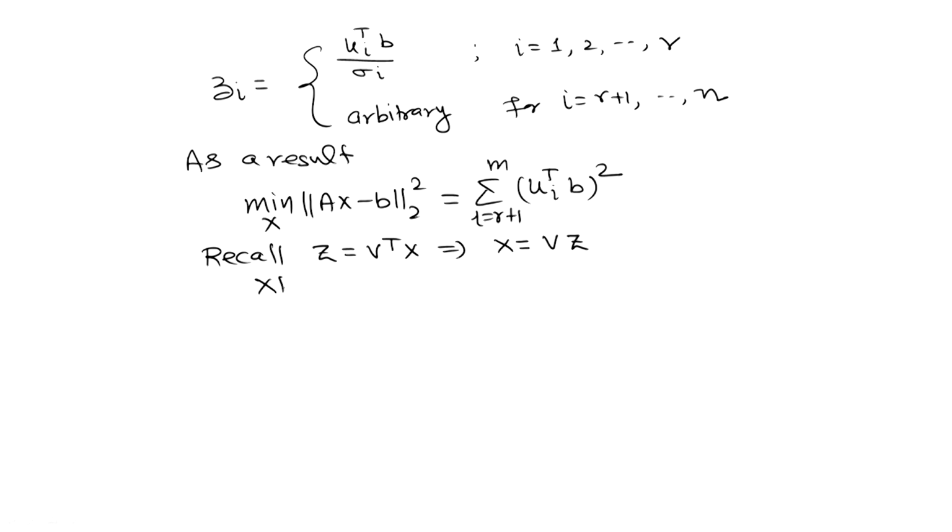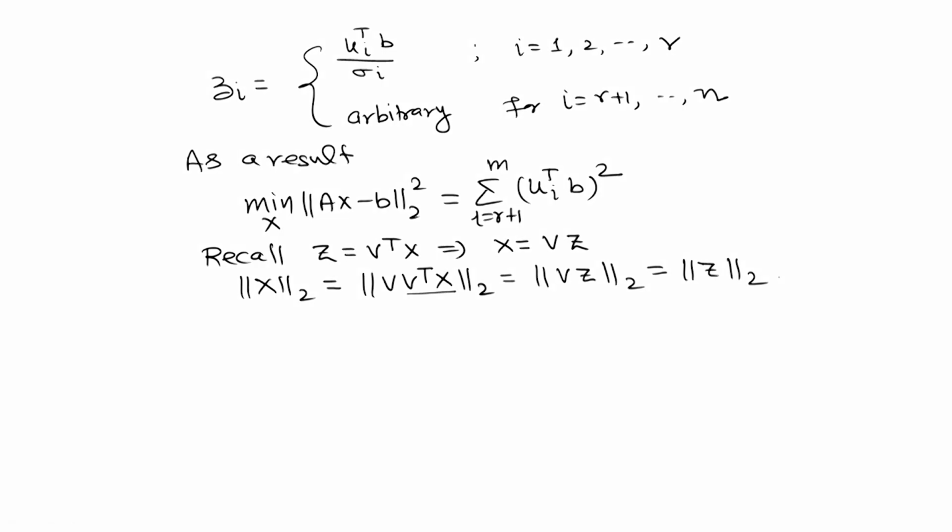Moreover, the length of the vector x equals the norm of V into V transpose into x, because V into V transpose is an identity matrix. This will become, since V transpose x is z, V into z, and since V is an orthogonal operator, it will preserve the norm, so this equals the norm of z.